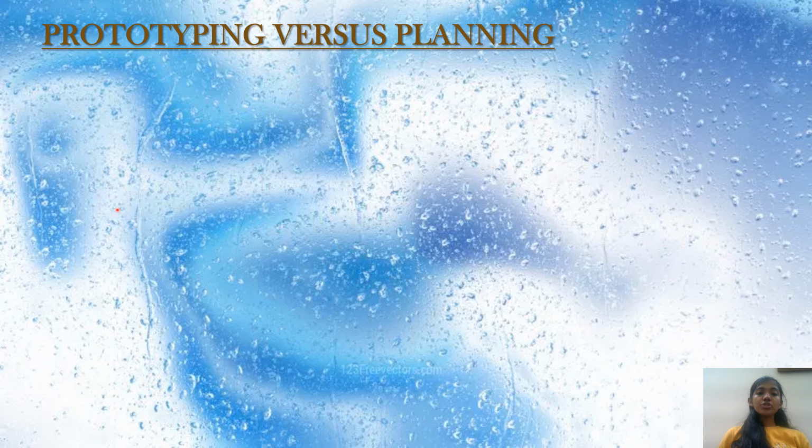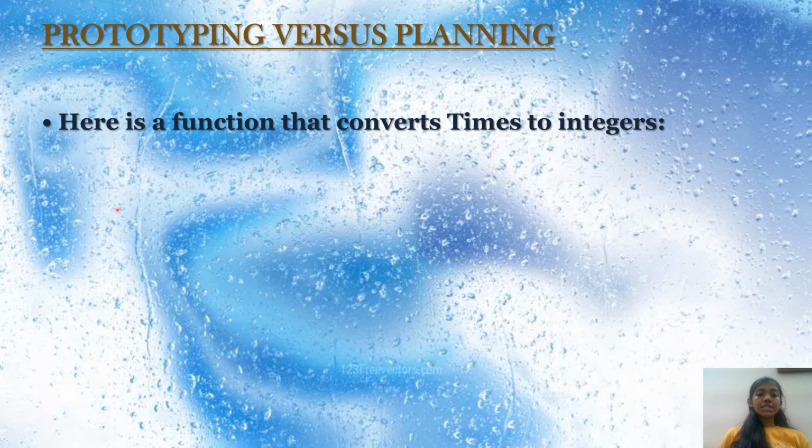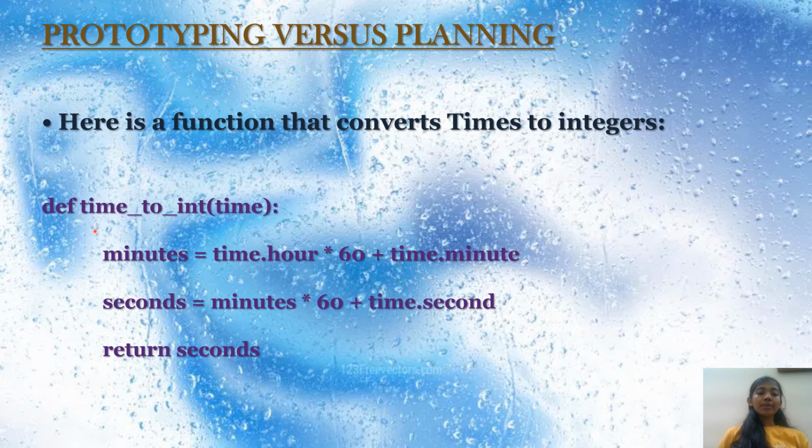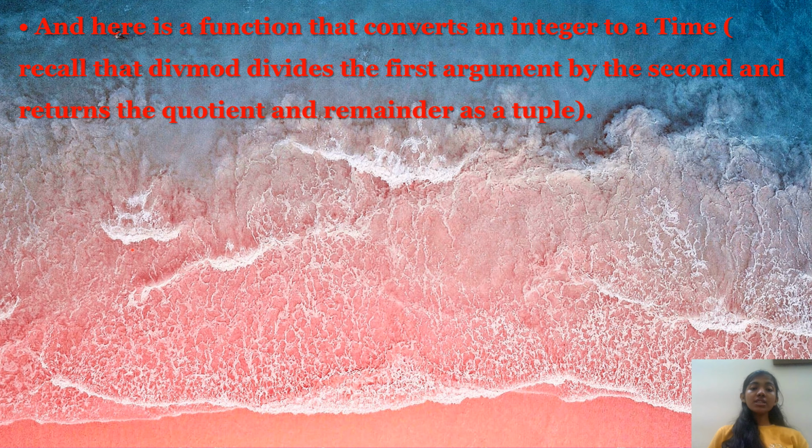Let's discuss prototyping versus planning. Here is a function that converts times to integers. So defining time_to_int with parameter time, and taking minutes as time.hour times 60 plus time.minute, and taking seconds as minutes times 60 plus time.second, and calling return to return seconds. And here is a function that converts an integer to a time. Recall that divmod divides the first argument by the second and returns the quotient and remainder as a tuple.